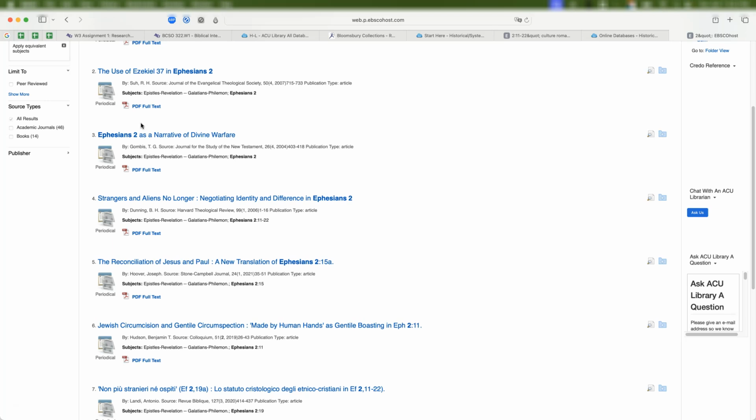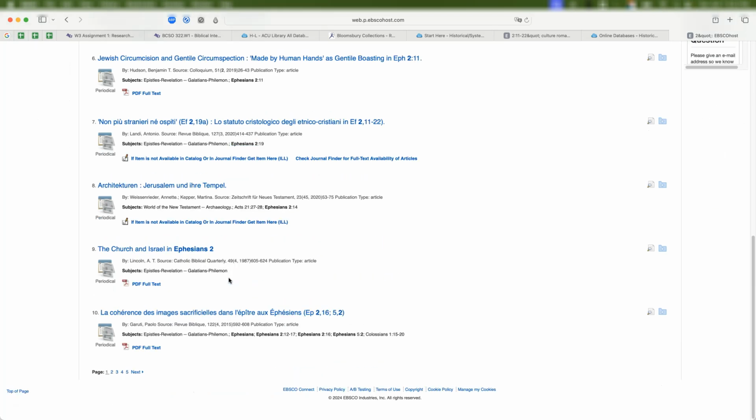Now, this is the kind of thing where if you're looking for commentary on a specific passage, you might want to refine your search, because searching for Ephesians 2:11-12 won't necessarily come up with 2:15a just because of how the search engine works. But if you're trying to find that and you're not, again, talk with the library liaison.